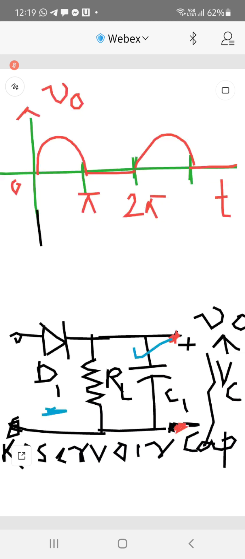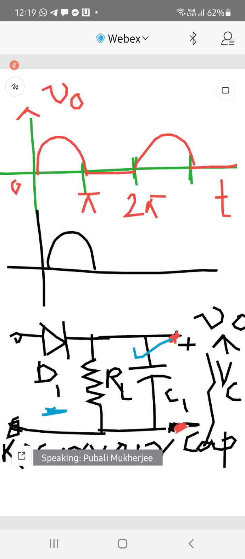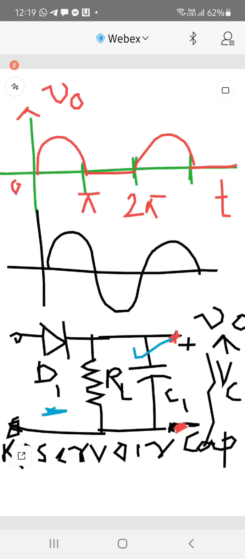That becomes easier to understand. So the upper one is the output waveform and the lower one is the input waveform. Okay?